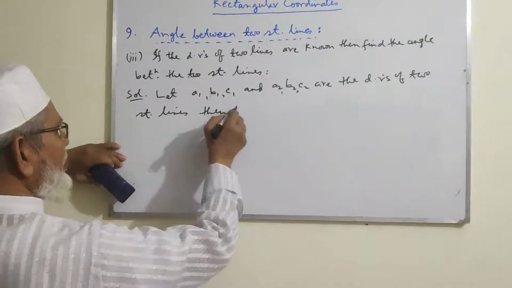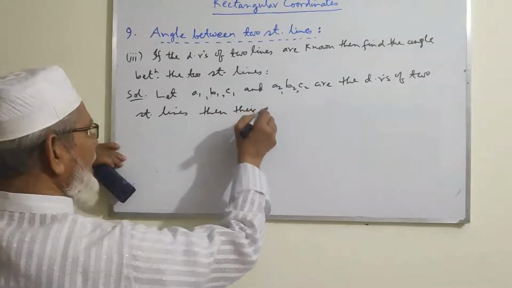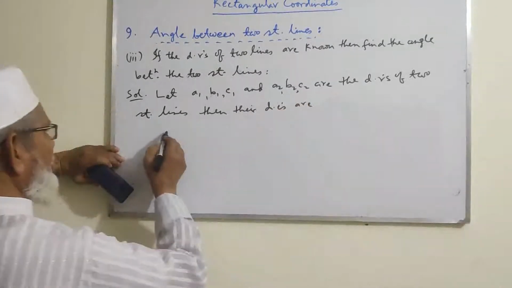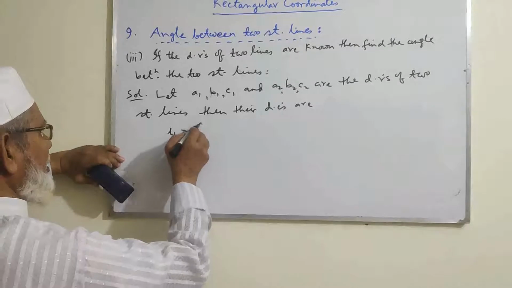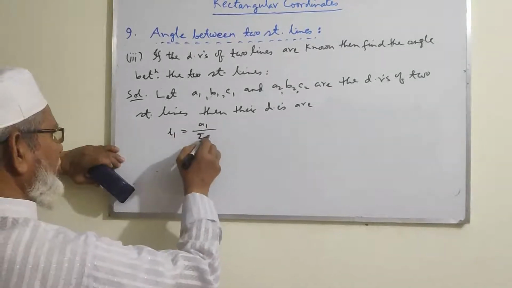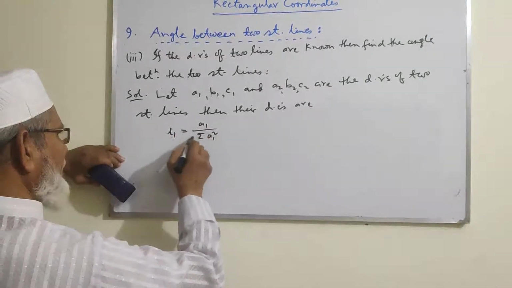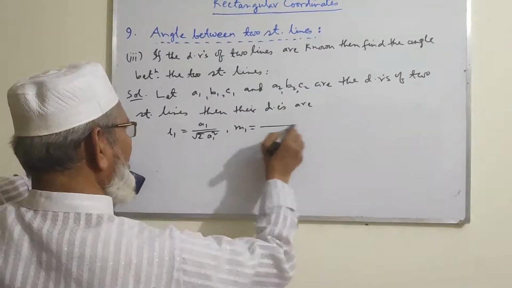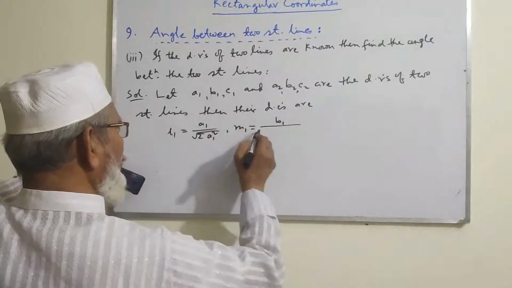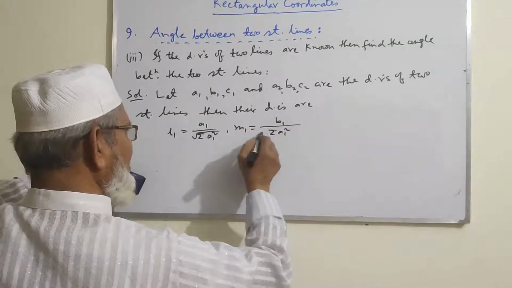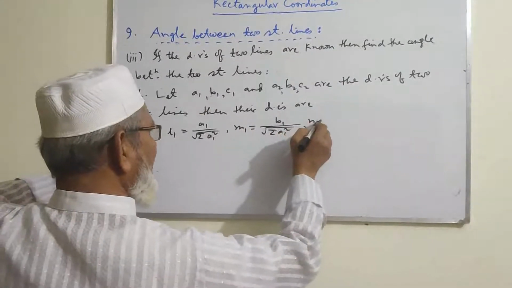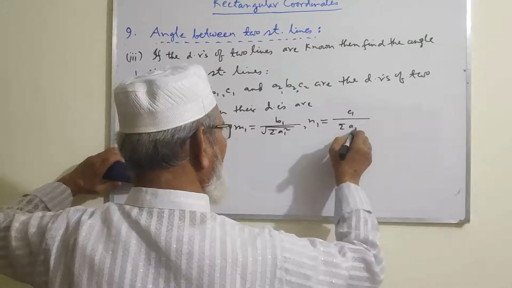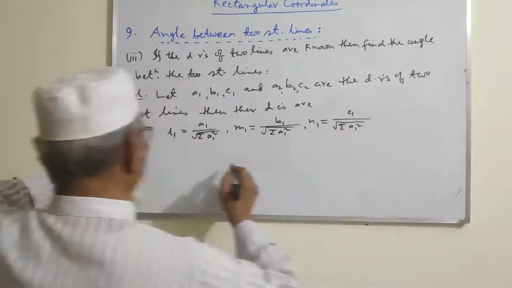then their direction cosines are l1 is a1 by summation a1 square to the power half, m1 is b1 by summation a1 square to the power half, and n1 is c1 by summation a1 square to the power half.